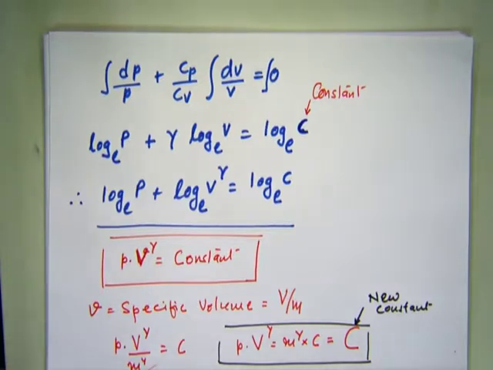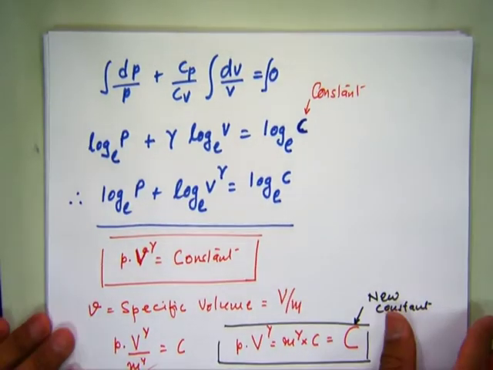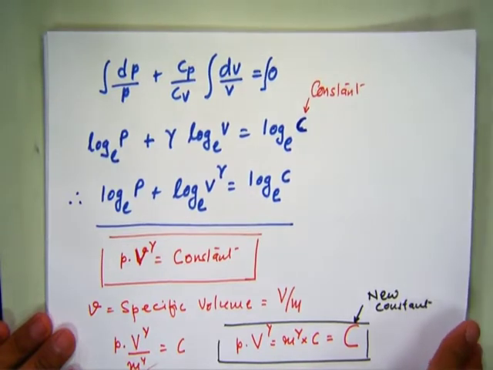So we have established the relationship, or you can say the law of adiabatic process. Till now we have understood what the adiabatic process is, and we have seen the law of adiabatic process.